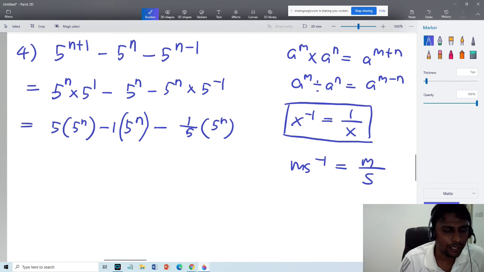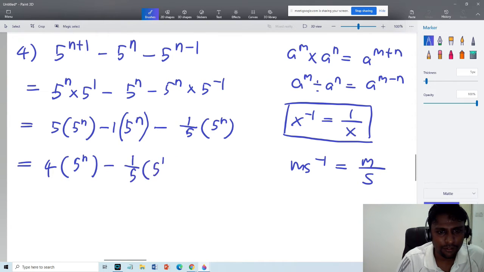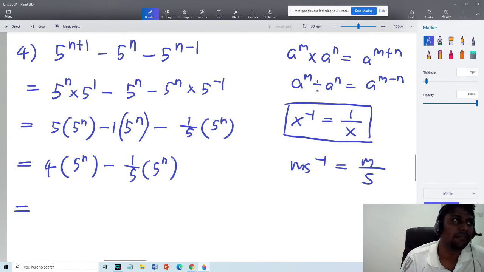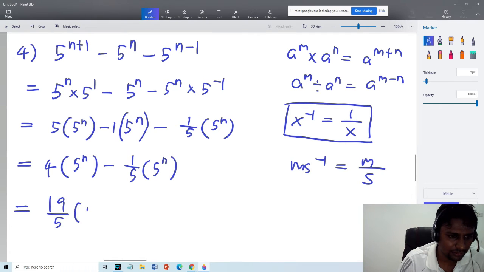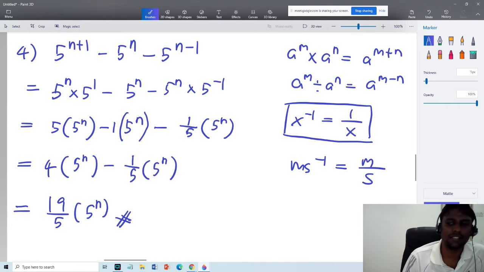So 5 minus 1 becomes 4. 4 times 5^n minus 1/5 times 5^n. So 4 minus 1/5 becomes 3 4/5, which means 19/5. So this is the answer.